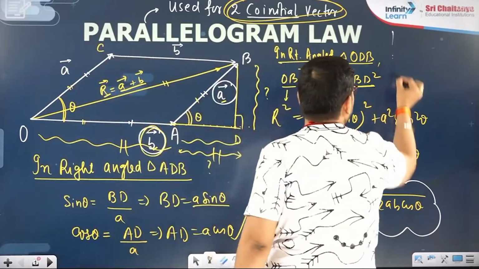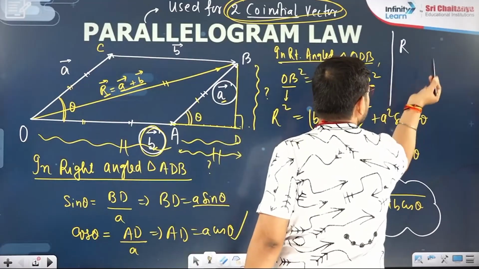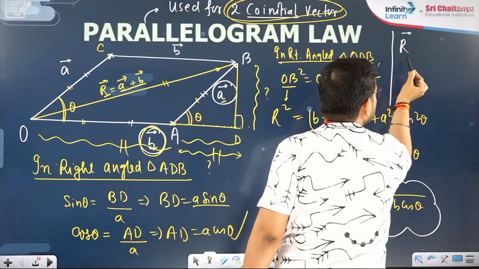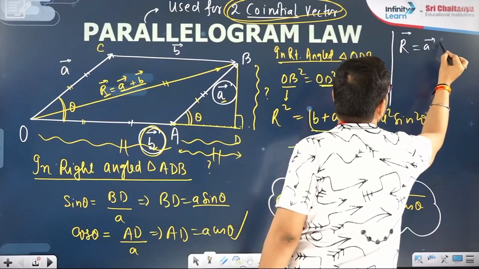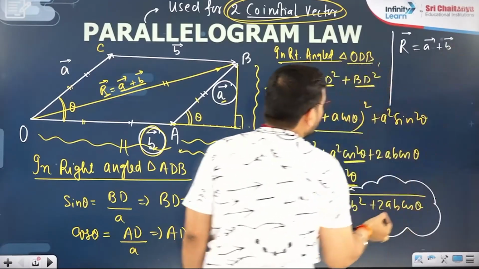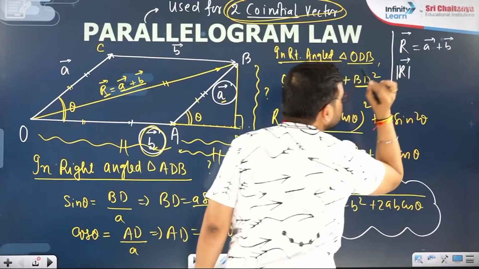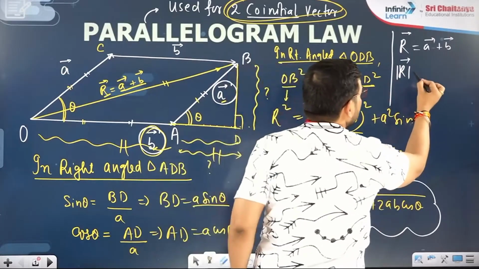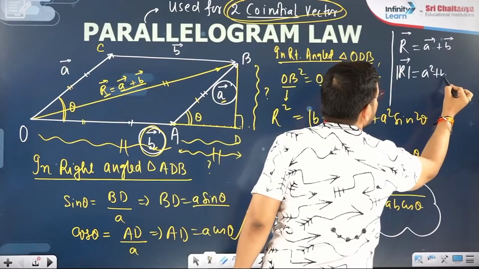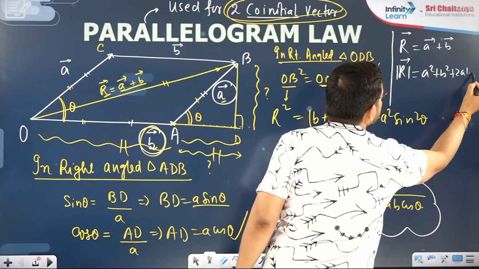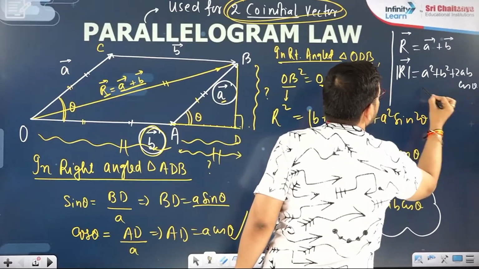So don't make that mistake after today's discussion. Writing A plus B is different. What you have calculated is the magnitude: mod of R equals the square root of A square plus B square plus 2AB cos theta.